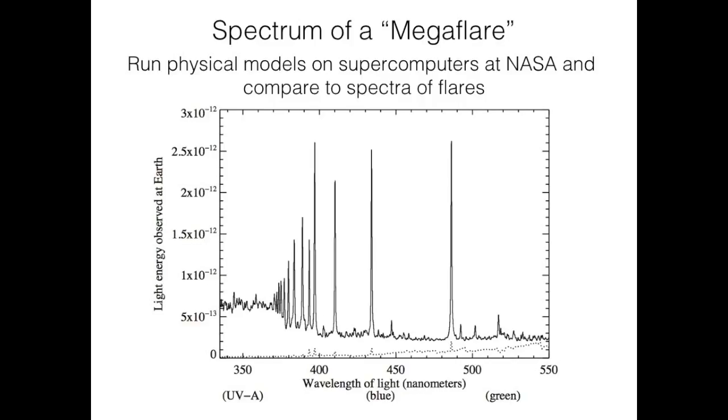What we show here is the flare spectrum. With this spectrum, we can measure the temperature of the flare. We've measured the temperature of this flare to be about 10,000 degrees. This is really dramatic because normally the star is about 3,000 degrees. And it takes a lot of energy to cause the star to go from 3,000 to 10,000 degrees.